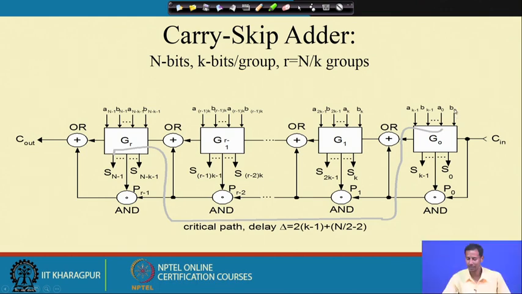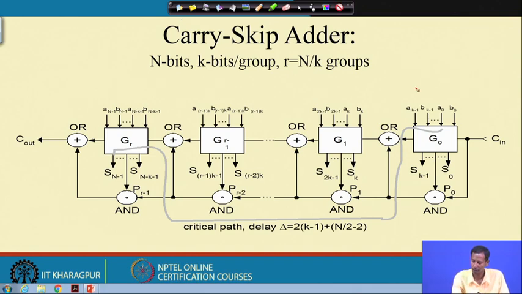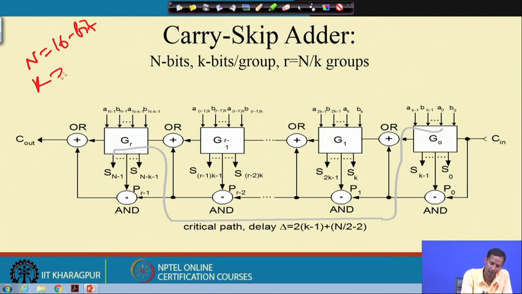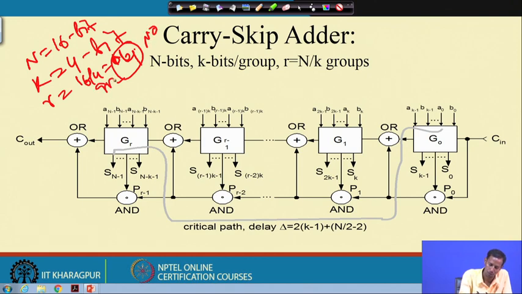The inputs are A0 to A(k-1). Suppose I want to design with n equal to 16 bits and k equal to 4 bits. Then R equals 16 by 4, which is 4 groups.